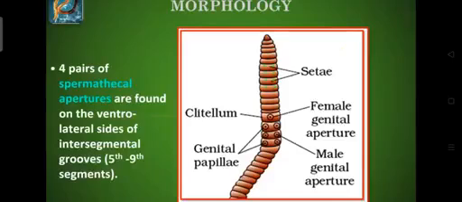Intersegmental groove means the septum which is separating the 2 segments. On that septum 4 pairs of spermathecal apertures are present. In which segments? Between the 5th to 9th segments you will find 4 pairs of spermathecal apertures.